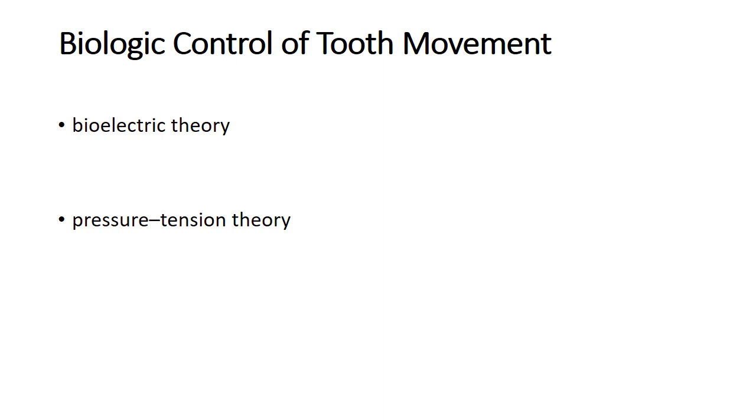The chemical messengers are produced due to the damage of cells in the PDL and due to other alterations in the blood flow. These messengers will act on cellular changes and bone metabolism, and in turn will lead to tooth movement. Both mechanisms play a part in the biological control of tooth movement. However, the chemical messenger theory plays a dominant role.